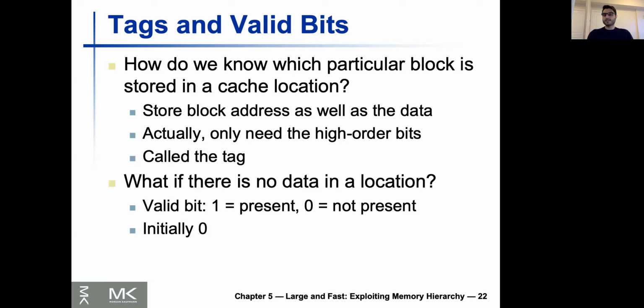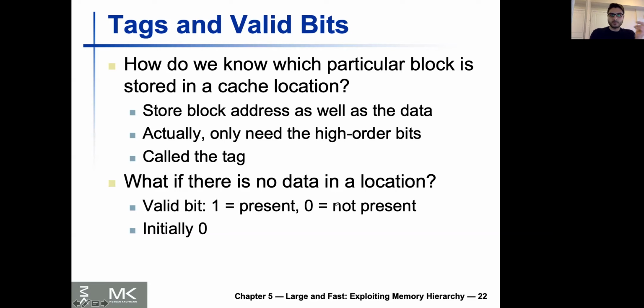Valid bits would be pretty easy because when you start a computer, they're going to be 0, or not valid. And when you access the data for the first time, you might get a miss, and then you're going to set the bit to valid. When they are 1, they are valid.